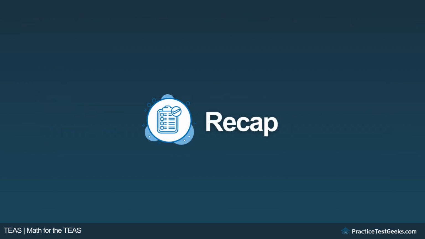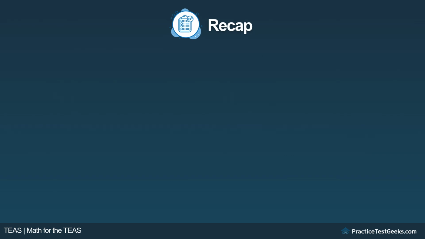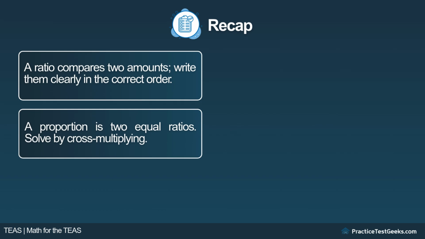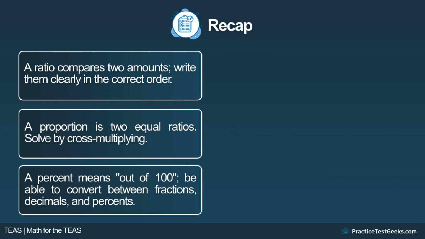Let's lock in the most important points from this lesson. First, remember that a ratio compares two amounts, and it's crucial to write them in the correct order, just as the question gives them. Next, a proportion is simply two equal ratios. To solve them, use cross-multiplication. A percent means out of 100, and you should be comfortable switching between fractions, decimals, and percent forms.